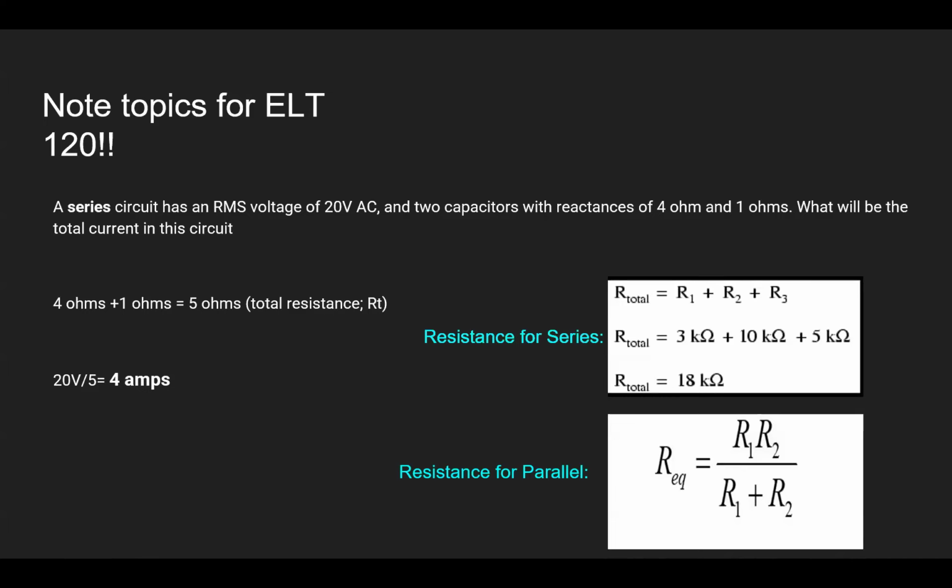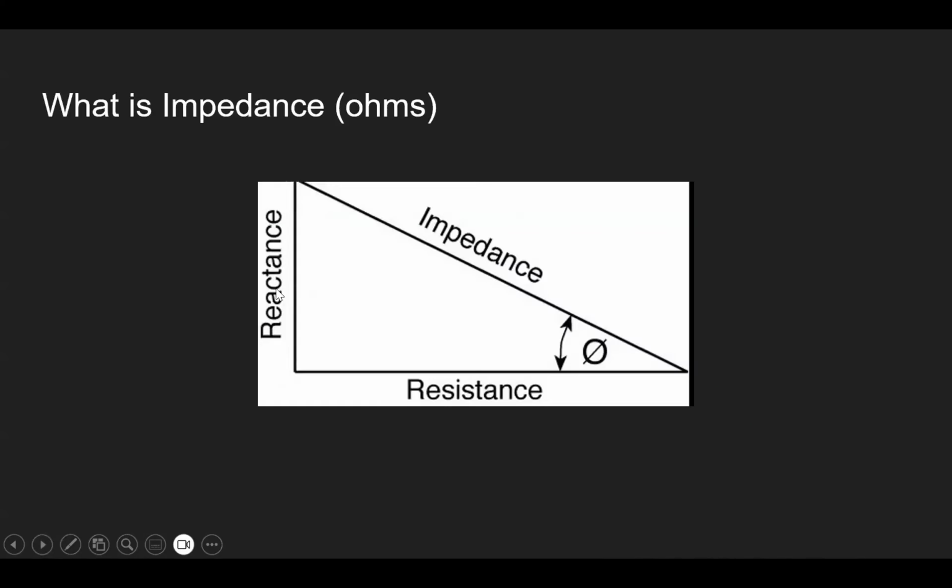You can, but it's a little more complicated. This problem is a bit different because we weren't given resistance, only the reactances of 4 ohms and 1 ohm, so we could simply add them together and treat that as a resistance. Sometimes you'll have reactance and resistance together, and impedance is the term that combines both.